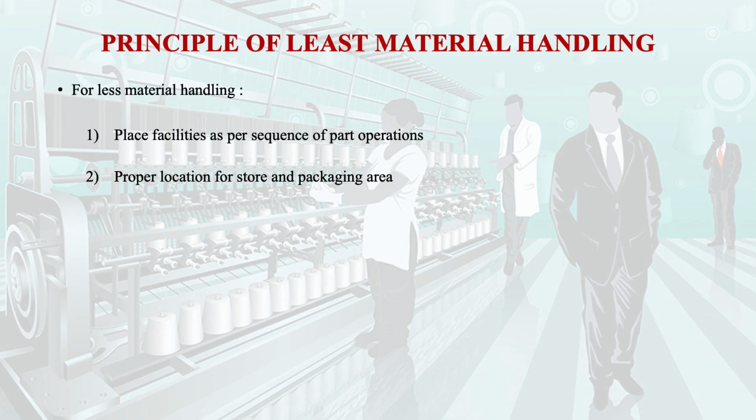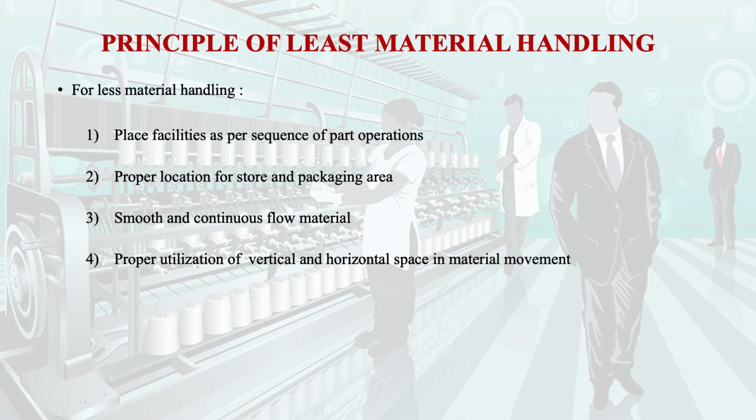Third one is a smooth and continuous flow of material. If the material is required at the workstation, we should make the arrangement from store or from warehouse or from godown to the workstation so that the flow is smooth.